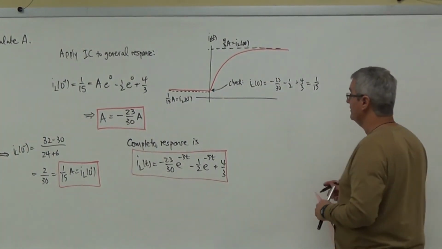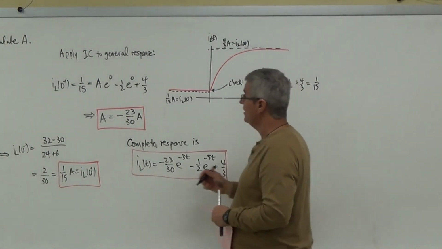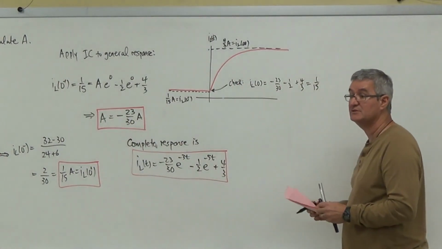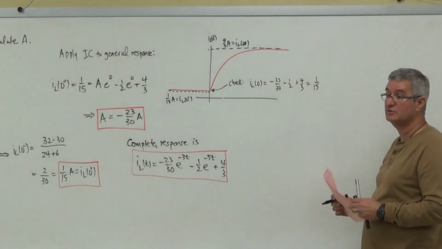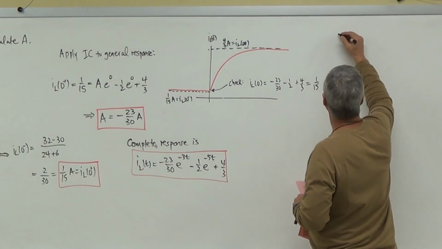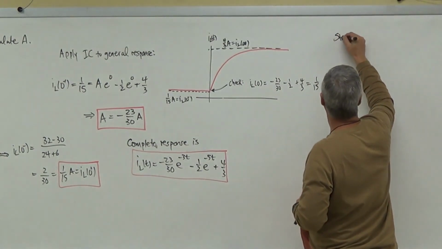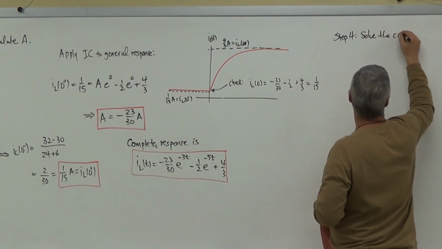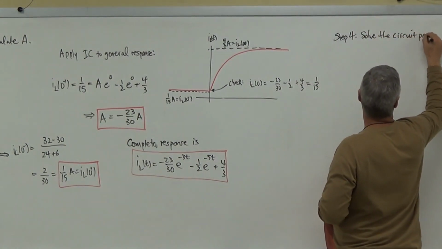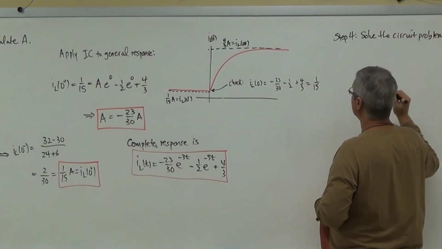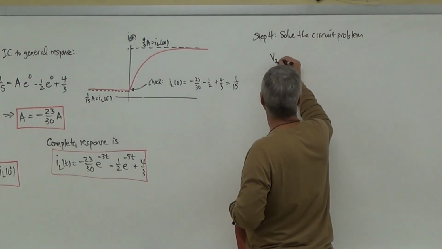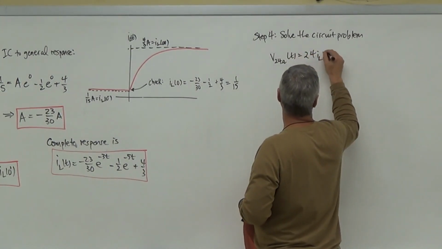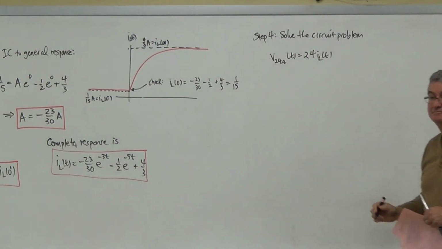Now, what we find here is that although the inductor can't change, what about the voltage across the 24 volt source here? So now, step 4, we need to solve the circuit problem. What we already said here is that this guy, because it's in series with the inductor, has to be this thing.